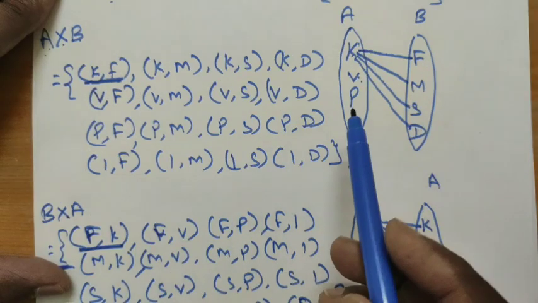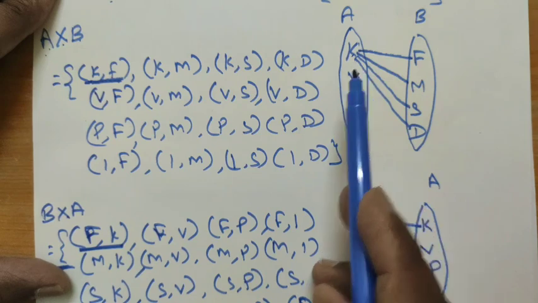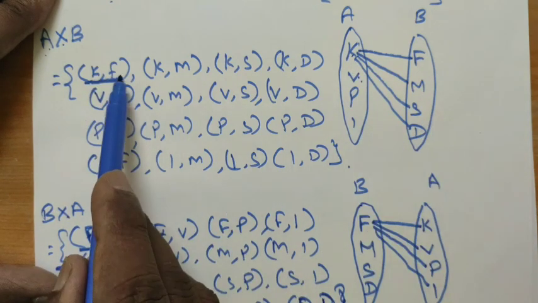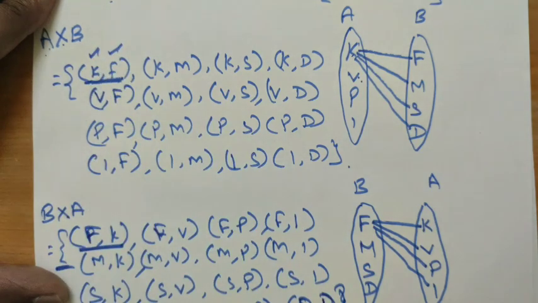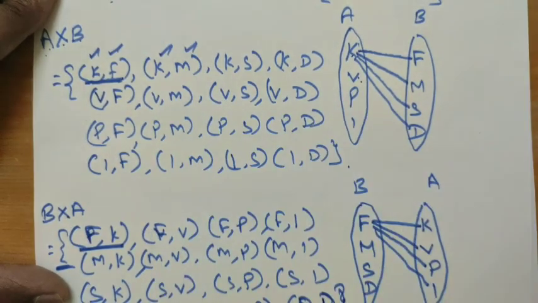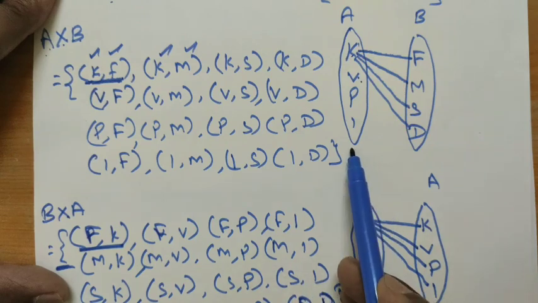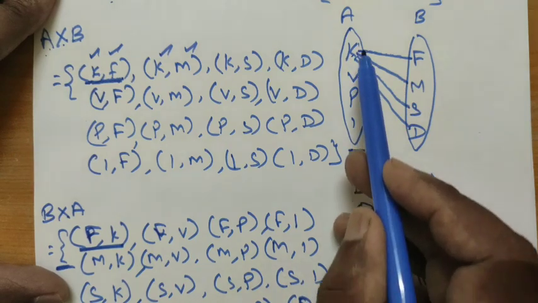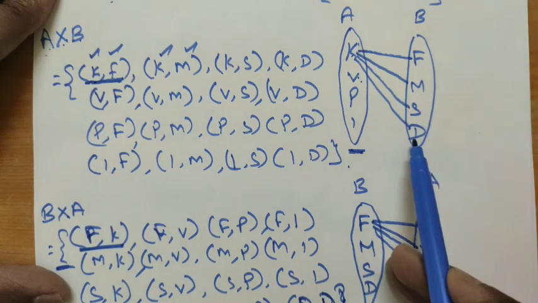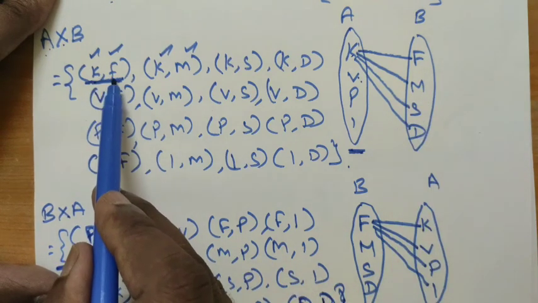And have you noticed one thing? The first set element is always in the first place, the second set element always in the second place, that is K, F, right? K is the first set element, F is the second set element. When we are writing A as the first set, that set's element should be first, and then set B means the second set's element should be second.